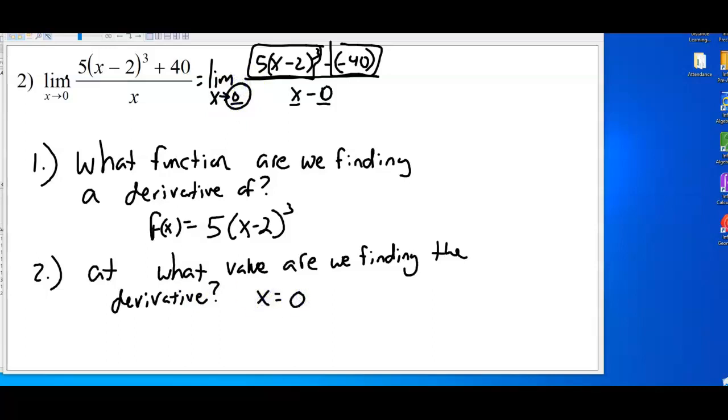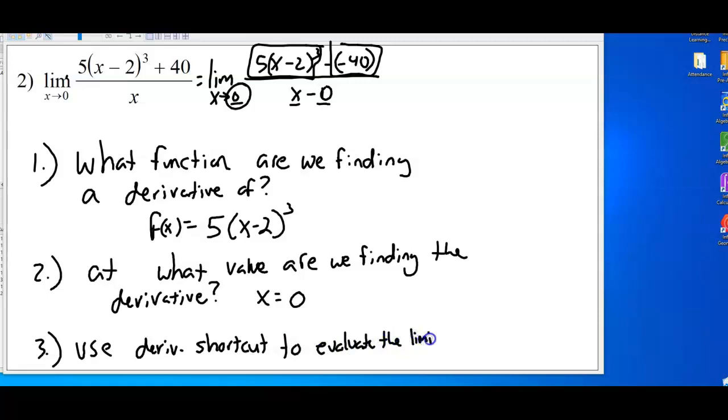And then finally for step 3, we want to use our shortcut to evaluate the limit. We want to use the derivative shortcuts to actually evaluate our limit.